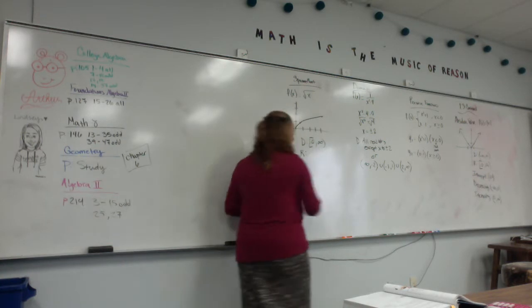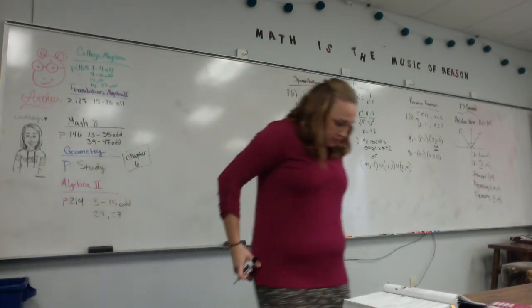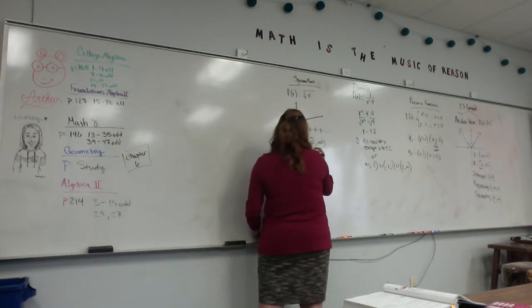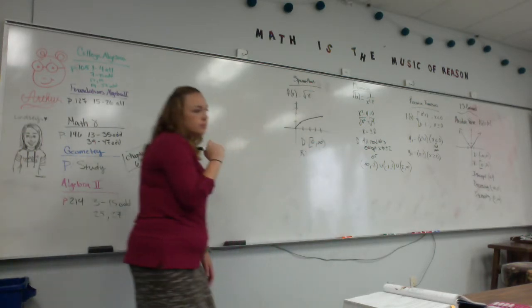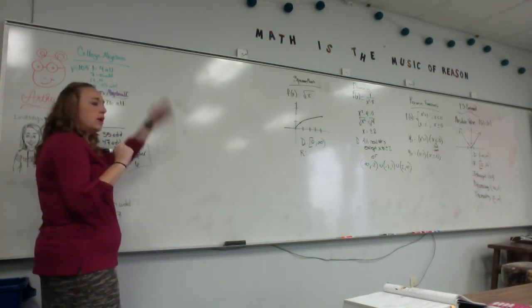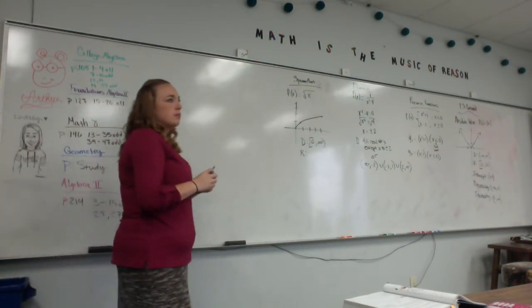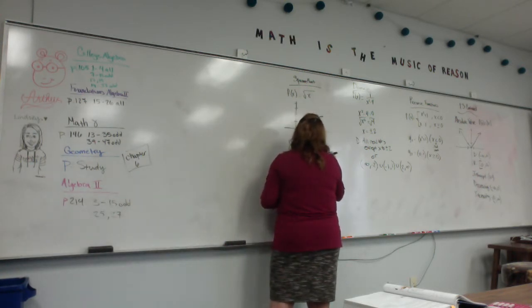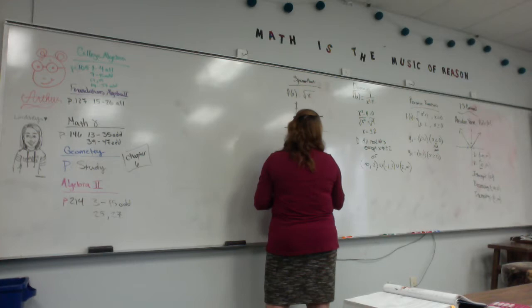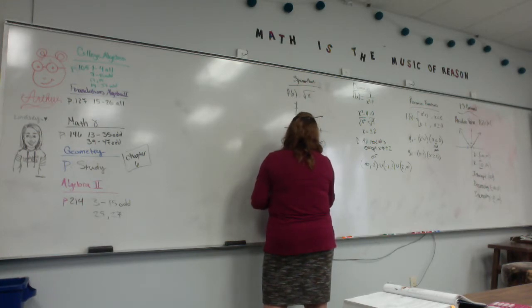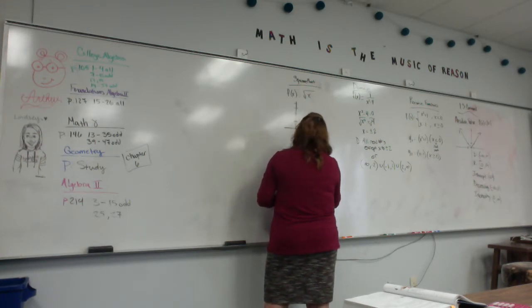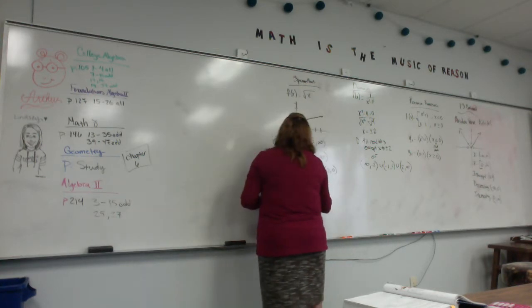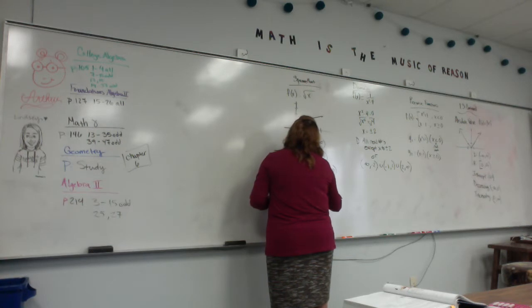What is your range of this graph? Your y-axis, how low and how high does it go? 0 to what? To infinity also. Your domain, your range, we need intercepts. What are your intercepts? 0, 0 is parent function. What is your decreasing and increasing?